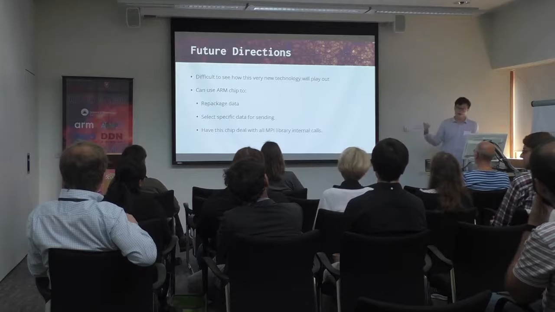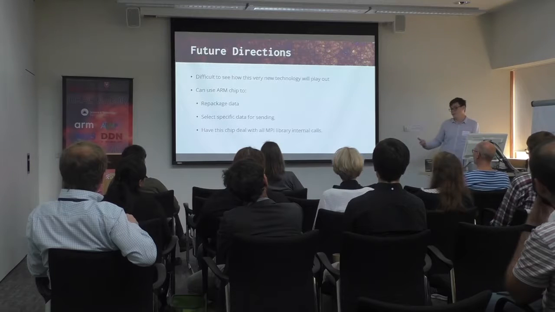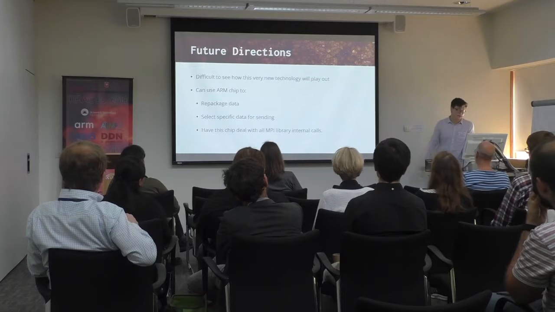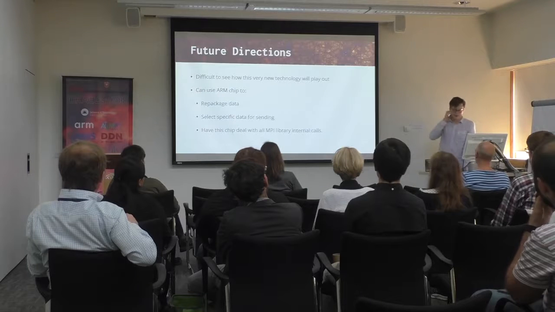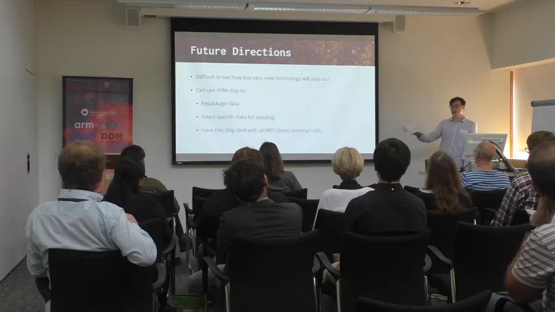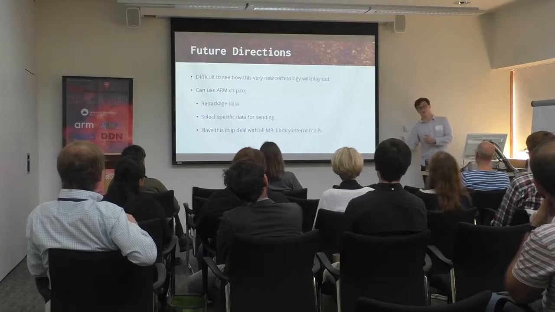We could use this chip to repackage data before we send it across the network instead of doing that on the main chip, and free up the main cores to be doing more number crunching. We can select specific data to send, and the ideal situation that I would have is this chip on this card does all of the MPI layer work for you, and the only thing that you have to worry about is calling your sends and receives, and then the MPI library never takes over and decides it's going to take a long time to complete all of its calls.